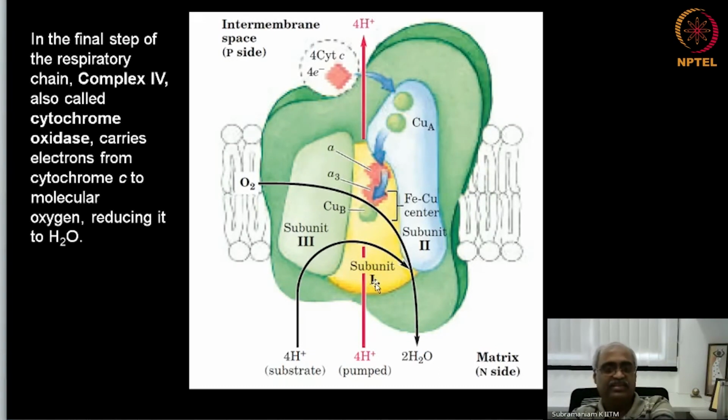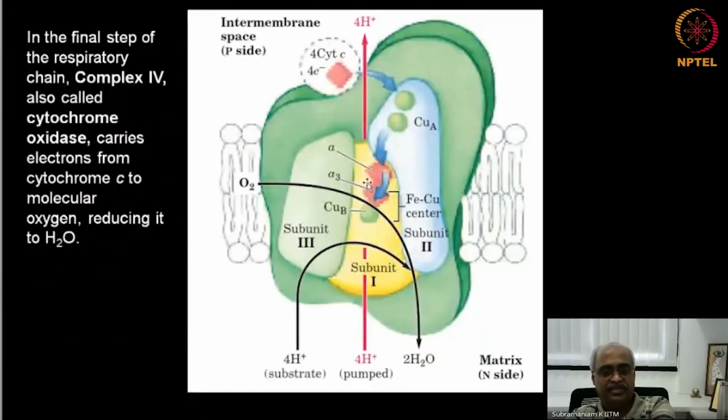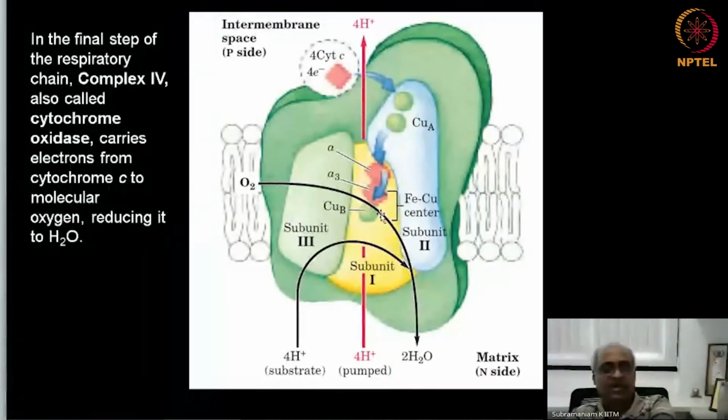And then here we are seeing cytochrome A and A3, and these are the 2 heme moieties. And finally to another copper ion in subunit 1, and from there it is transferred to oxygen, producing water molecules. And as this electron transport happens, 4 protons are pumped across for every 4 electrons.